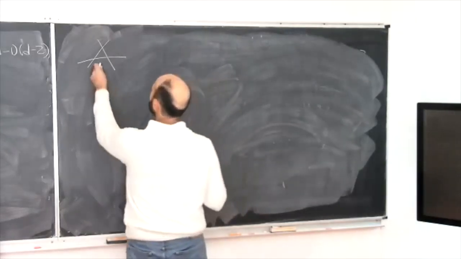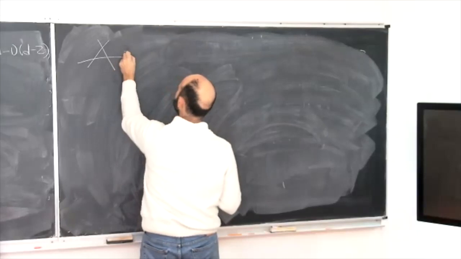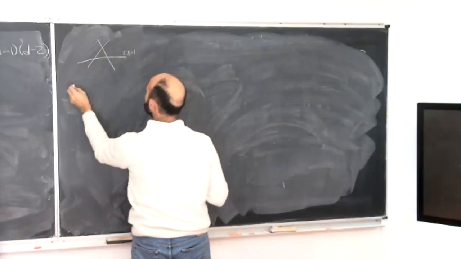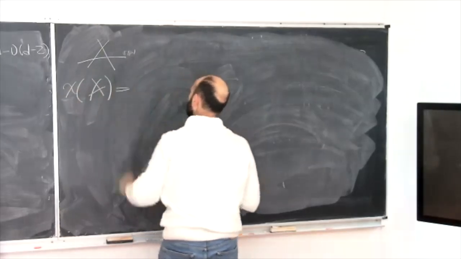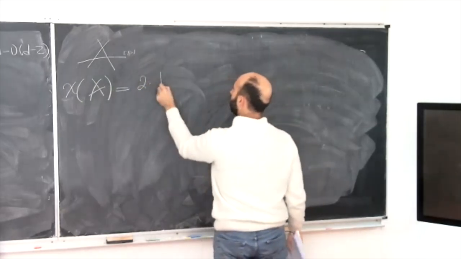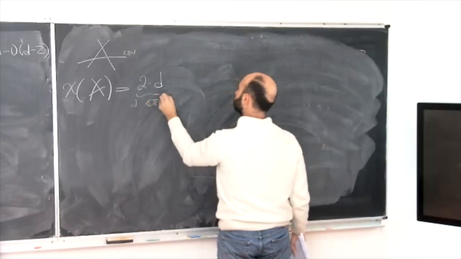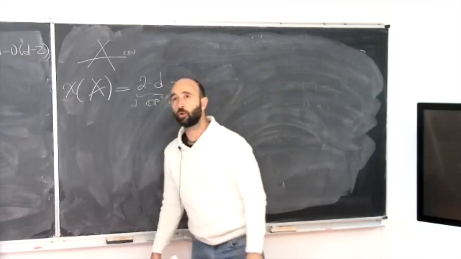Now, these look like lines, but actually each of them is a CP1, and they're meeting at d choose 2 points. Therefore, the Euler characteristic of this should be 2 times d, for the d CP1s, minus the intersection points you will be overcounting.